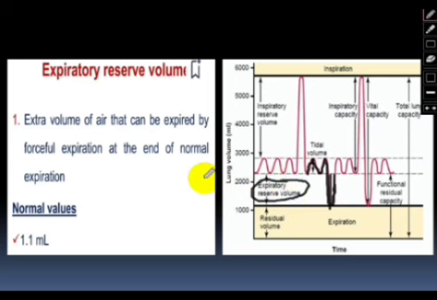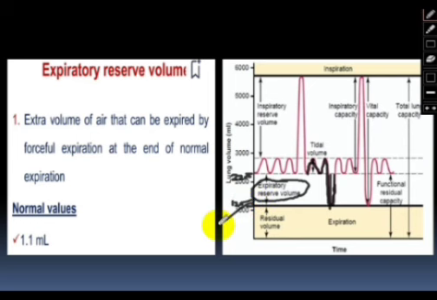So what is this point? 2,200. 2,200. And what is this point here? Is it 1,200? 1,200.